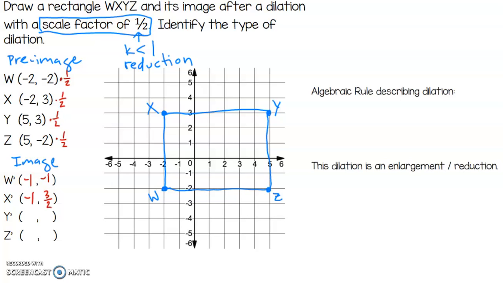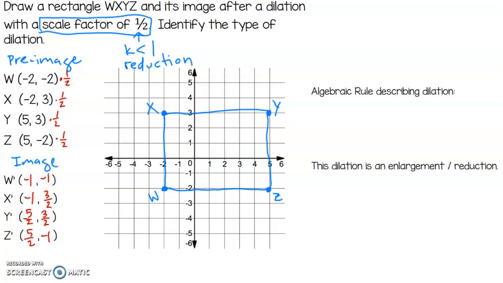Okay, and we can use Desmos to do the calculations if you struggle with that. 1/2 of 5 is 5/2. 1/2 of 3 is 3/2. And then 1/2 of 5, hey, we just did that, 5/2. And then 1/2 of -2 is -1. Okay, that's how you use the scale factor to create the dilation.